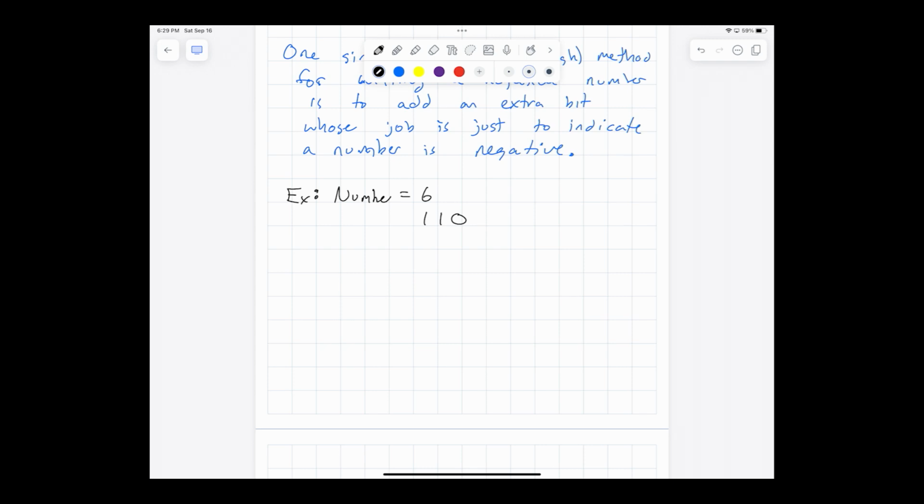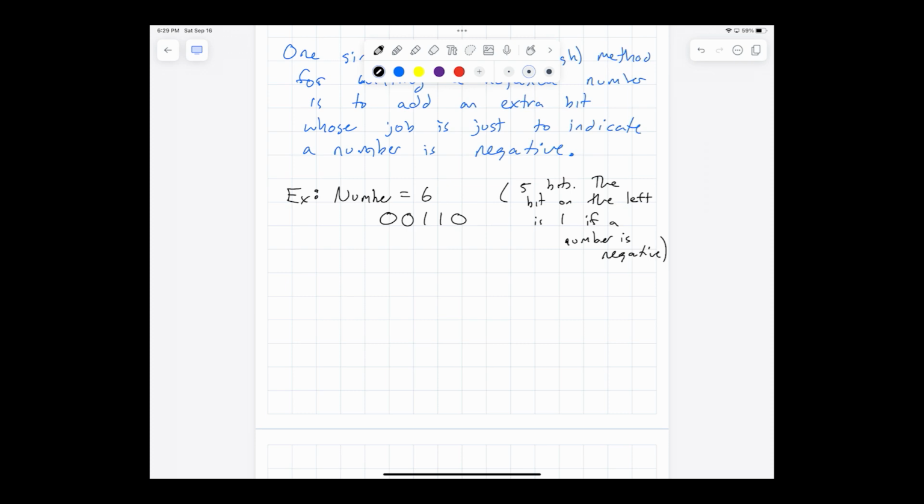And then let's say we made this a 5-bit number. So this is going to be 5 bits. The bit on the left is 1 if a number is negative. That's the scheme.